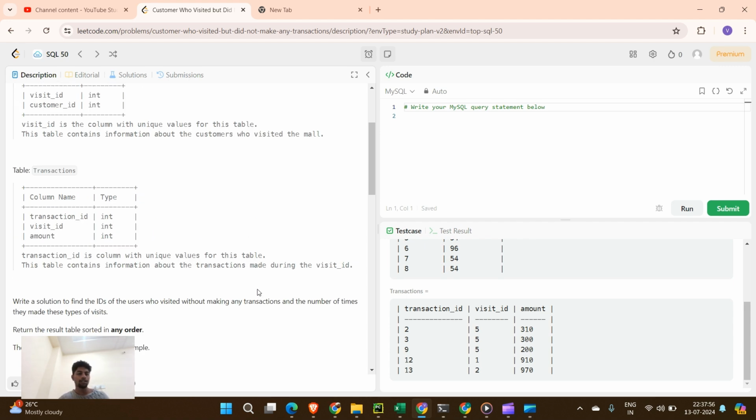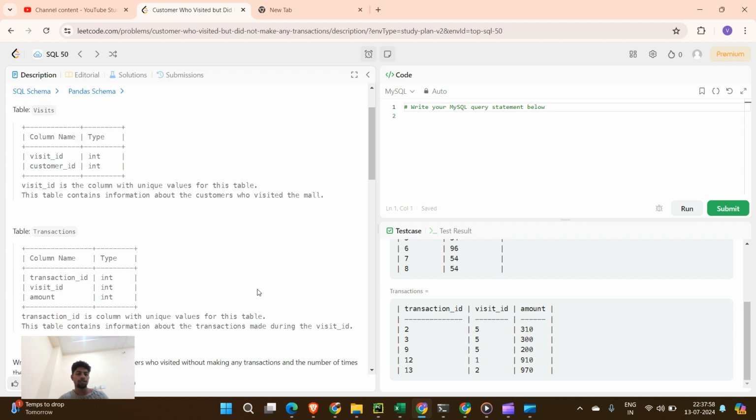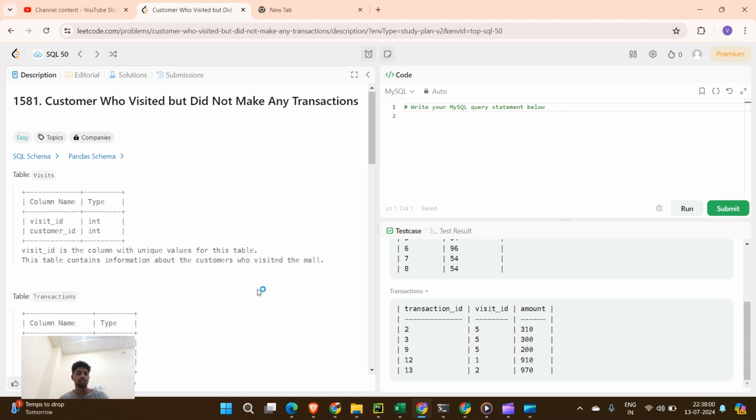There are two tables, a visits table and a transactions table. Ultimately, customers go for a visit and they do some transactions. The question expects the customers who enter the mall or supermarket but didn't buy anything. So they need that data.